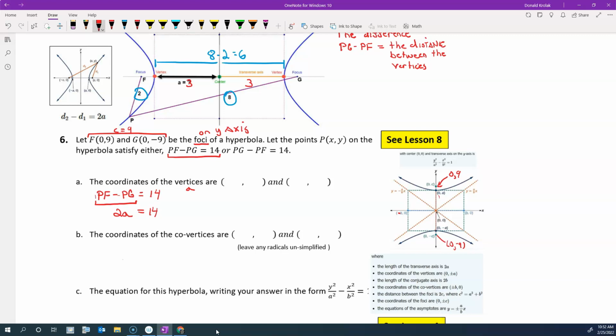That 14 is the distance between the two vertices, and these vertices are on the y-axis.